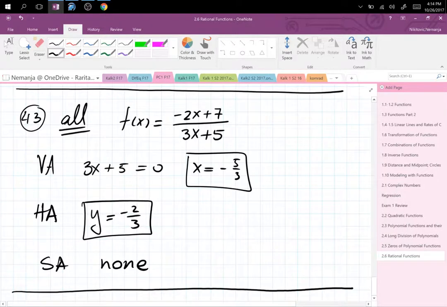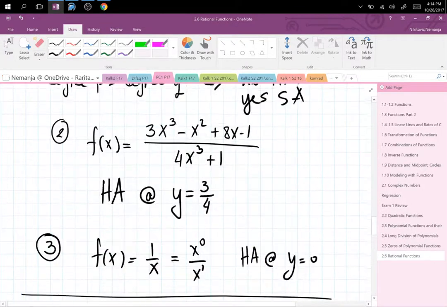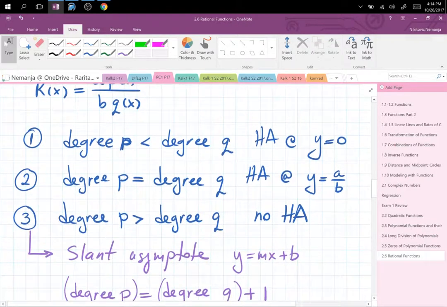You can't have horizontal and slant at the same time. You can see that in the rules, right? The rules say slant asymptote is part of case 3. So cases 1 and 2 are where a horizontal asymptote exists, y equals something.